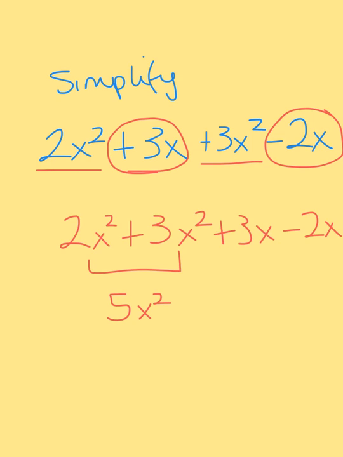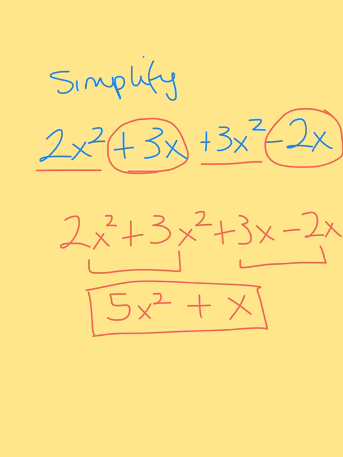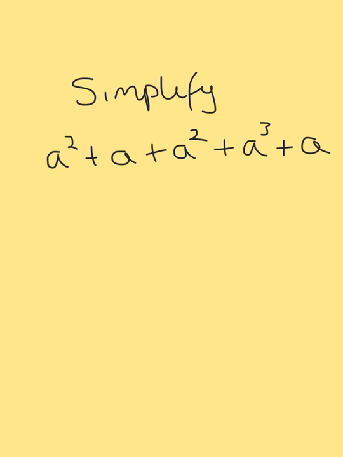Remember our rule, just add the coefficient in front of the x squareds. Plus 3x minus 2x, which gives me plus 1x, or what we call x. Now, we can't add these two terms together, so we just leave them as is. That's our final answer.